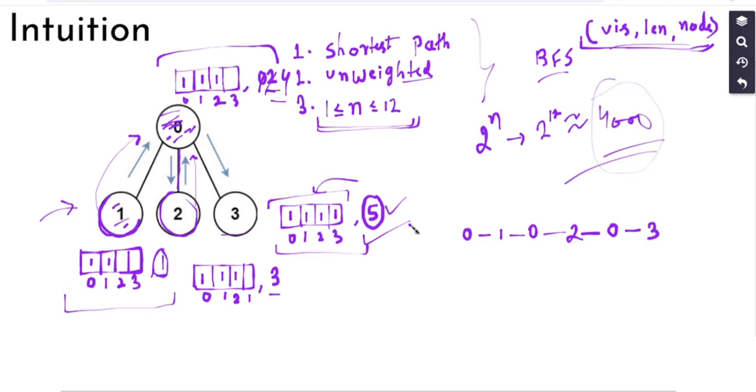Fine. So here I just have to keep track of when I reach a particular node with all the nodes visited. So when I reach that state the first time, the node corresponding to that tuple is the last node in the path, and the length corresponding to that tuple is the minimum length.